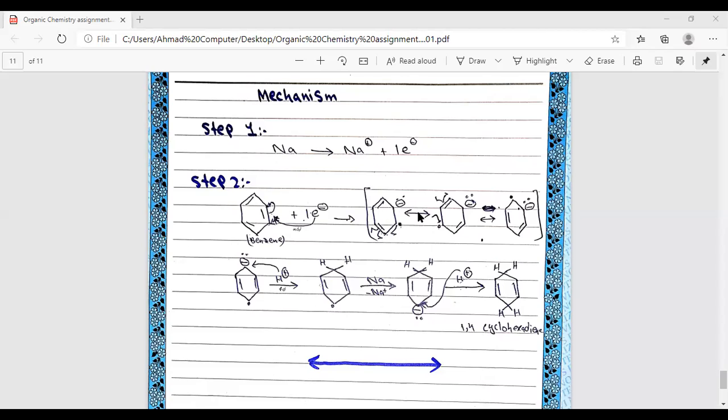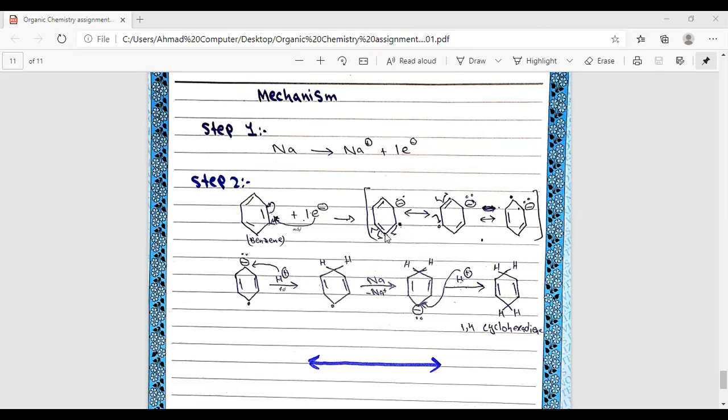As we move forward, on this carbon atom there is a negative charge, and on this carbon atom there is an unpaired electron. These double bonds break homolytically, and donate their electrons between these carbon atoms.